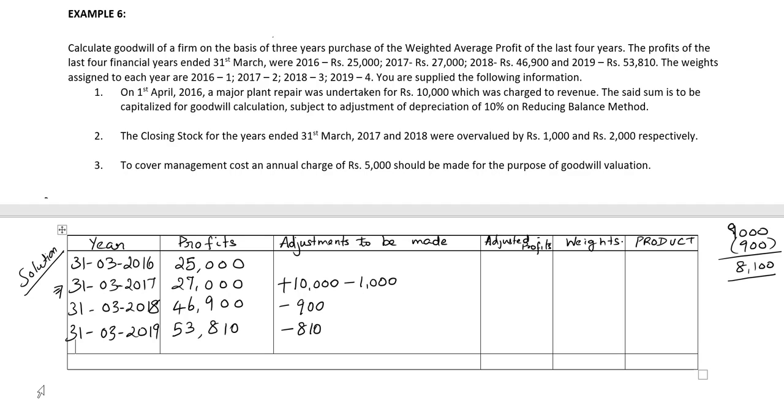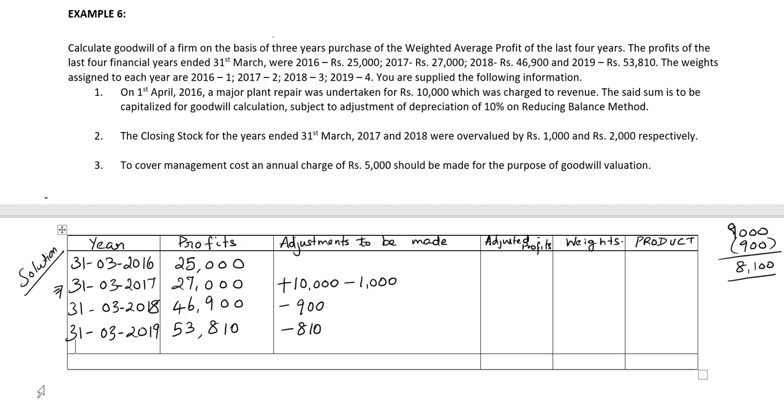The depreciation to be charged is 10% on reducing balance method. So the first year it's 1,000. Next year it's 10% on 9,000, which is the written down value. So that's 900. Then the written down value becomes 9,000 minus the 900, which is 8,100. And 10% on that is 810 rupees.